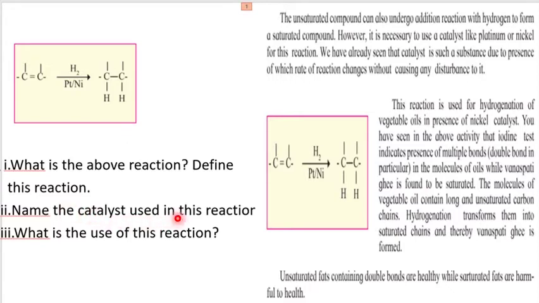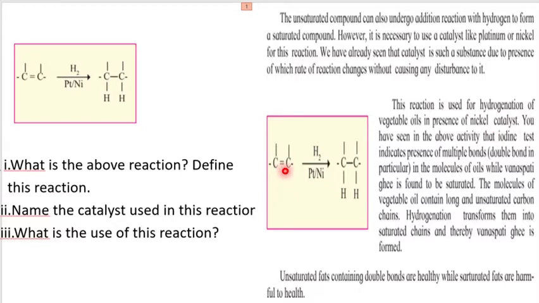Name the catalyst used in this reaction. Here platinum or nickel is used as a catalyst. Now, what is the use of this reaction? This reaction is used for the hydrogenation of vegetable oil in the presence of nickel as a catalyst.